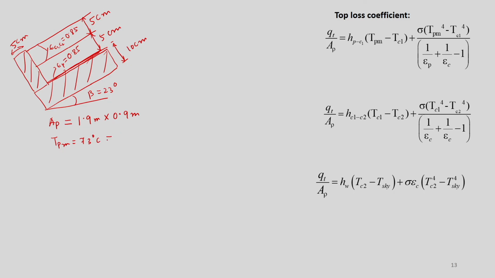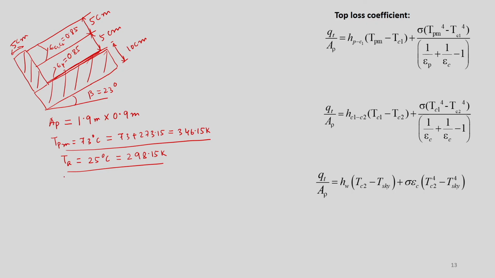So, we can convert it to Kelvin. 73 plus 273.15 to be very precise, so it will be 346.15 Kelvin, okay. So, TPM is known to us now. Then TA, which is given in the problem, is 25 degree C, which is nothing but 25 plus 273, it will be 298.15 Kelvin, okay.